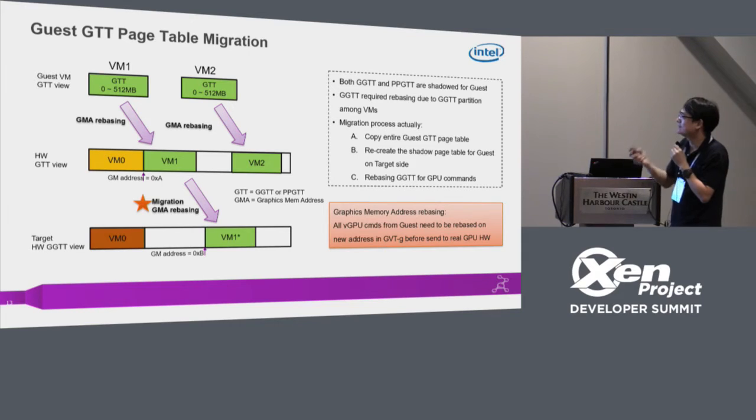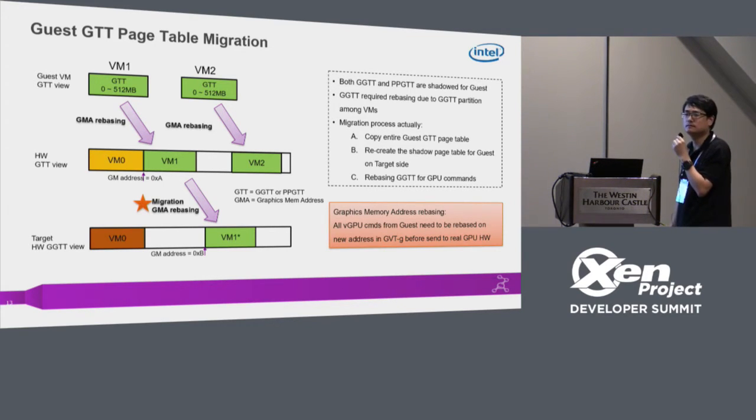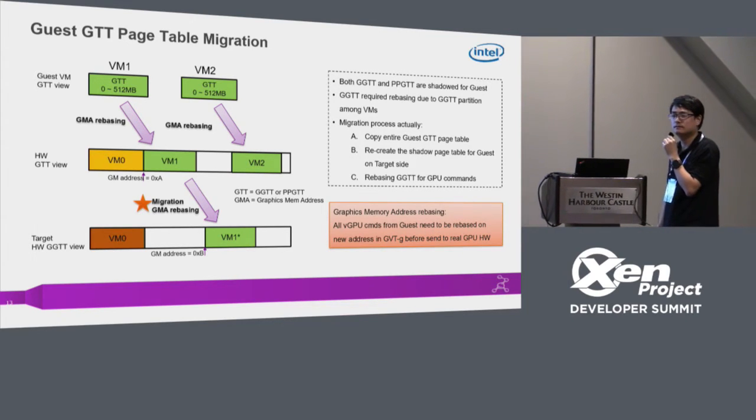One question I have is, at the moment your architecture is based on a ballooning sort of system, where you make the entire BAR space of the GPU visible to each guest, but each guest is only allowed to use a particular small part of that. Now it looks like you're talking about rebasing the address.